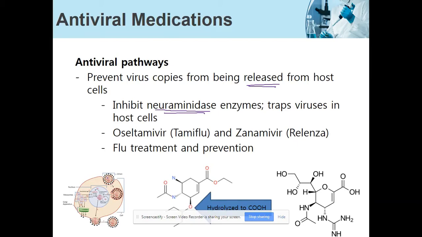We have the virus getting into the host cell. Viral DNA is incorporated into the host cell's DNA. That DNA is used to make all kinds of virus proteins and viral DNA, and then it's packaged up. And then what usually happens is the virus buds off the host cell and is released to go and make another cell get sick.